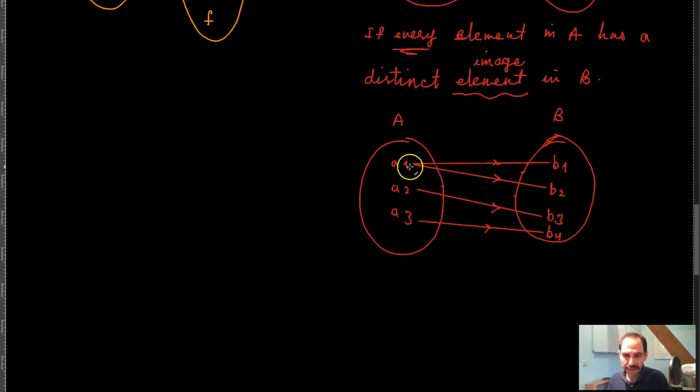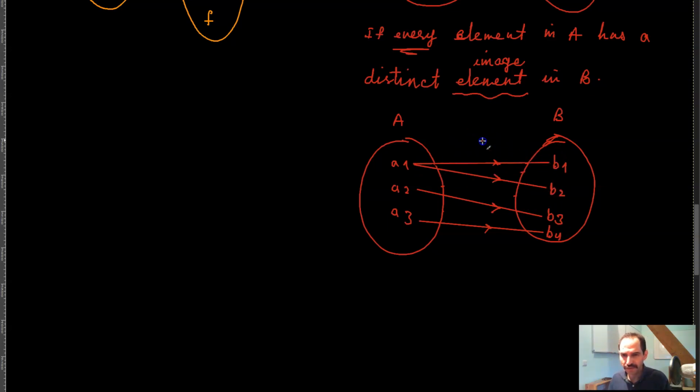meaning that, as you can see right here, the element A1 has been mapped to two elements in here, B1 and B2, right? So the element A1 has been mapped to B1 and B2, which means that A1 in this case has more than one image in B. So that means that this is not a function.